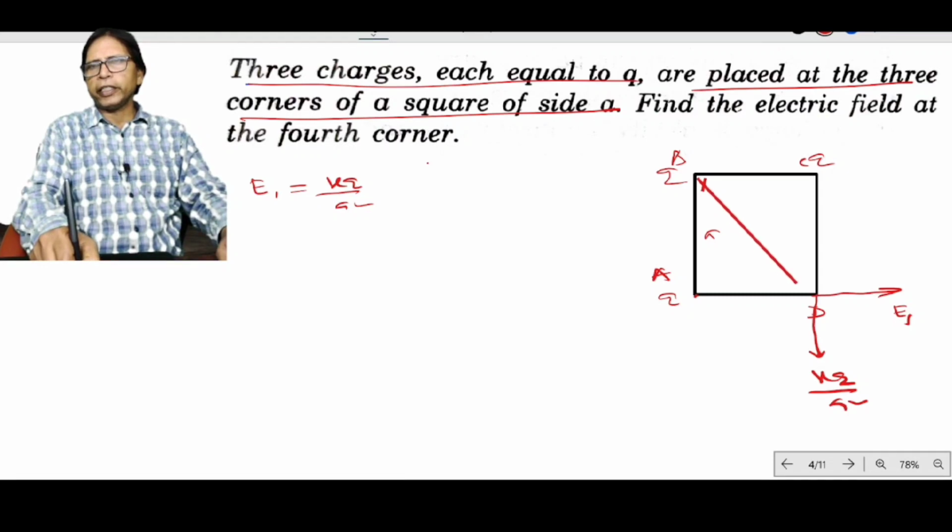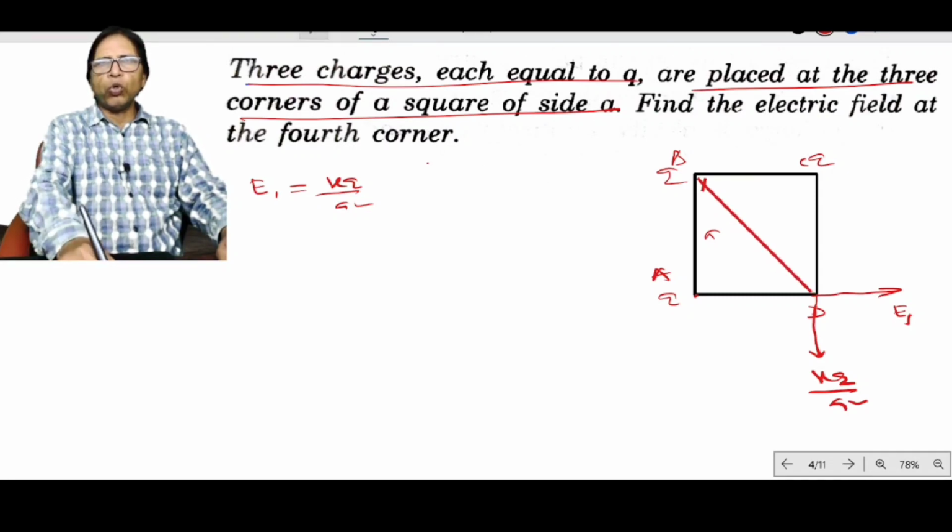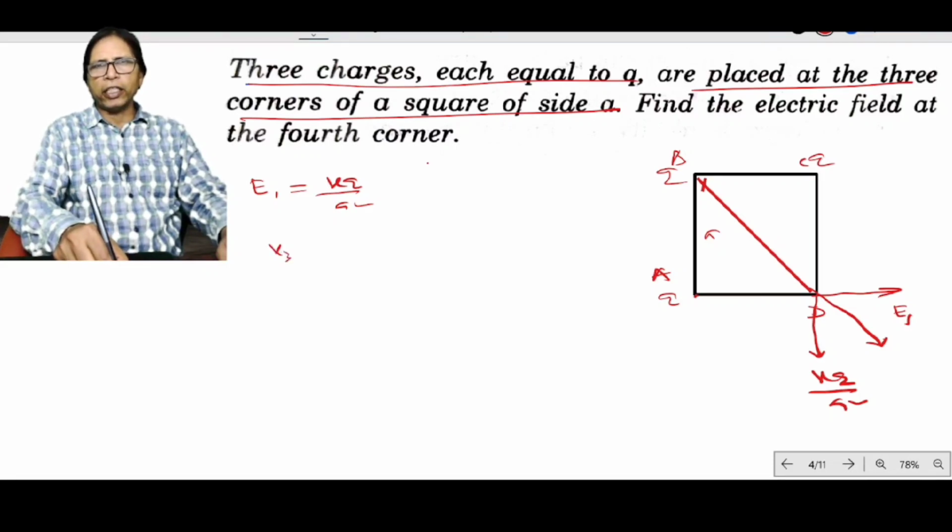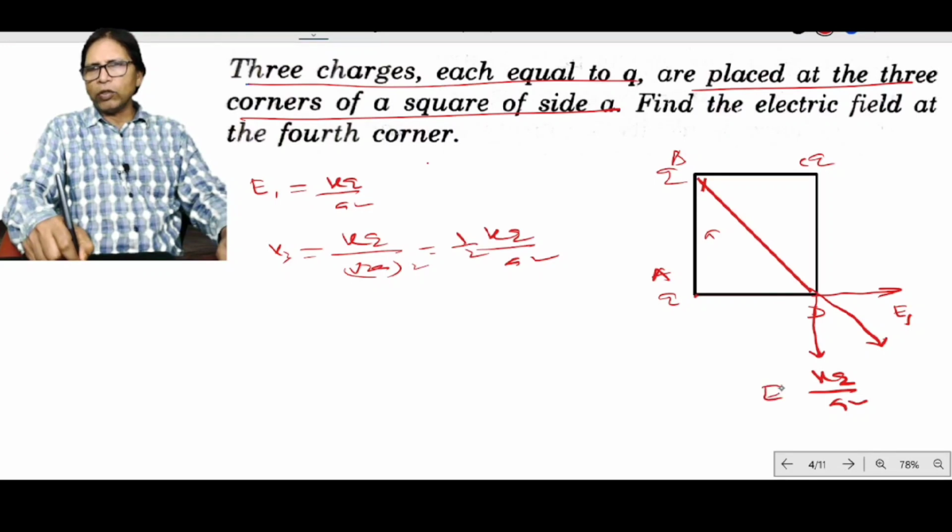Look at this, BD distance is equal to root 2 into A. So due to this charge, electric field is directed along this direction. This is E3. E3 equals kq by (root 2 A) whole square, so this is half kq by A square. Okay. Now this is E2. Now this angle is 45 degree. This angle also 45 degree.